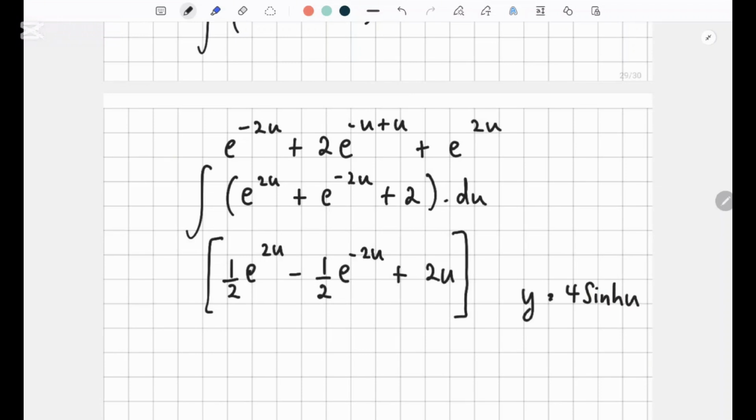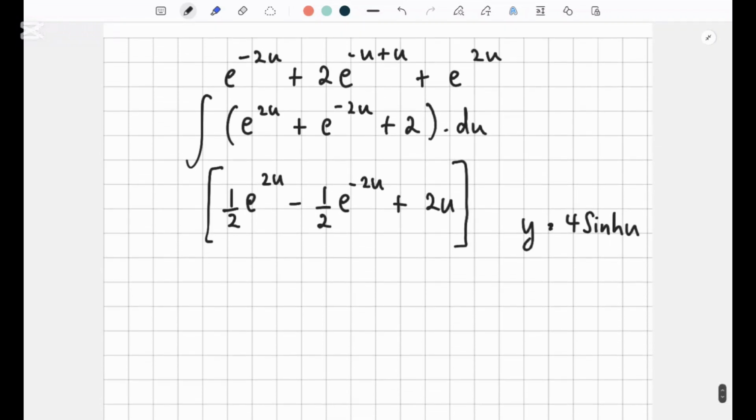You can put u equals sinh inverse of y over 4, but that's going to be really complicated, because you have to write so many more terms. So what we can do instead is, we had the intervals from 0 to 18, which were y terms. We'll make them u terms.